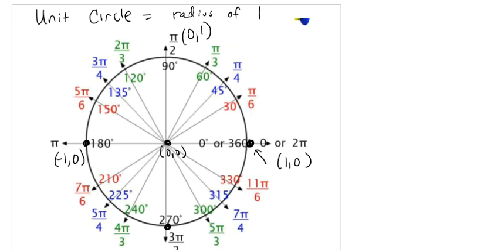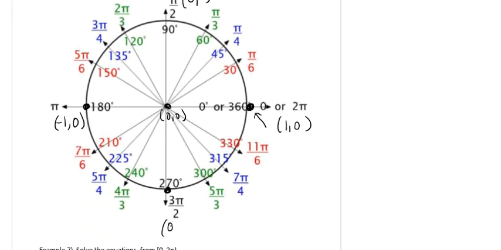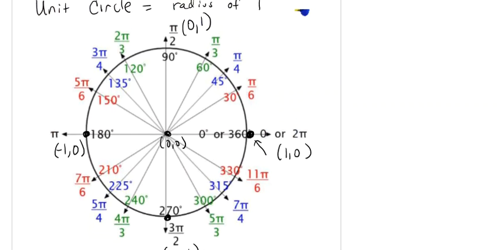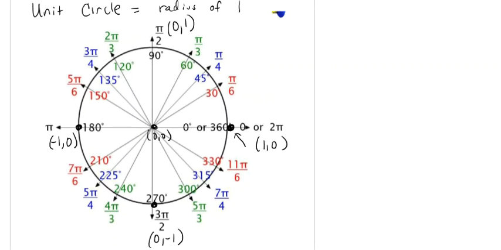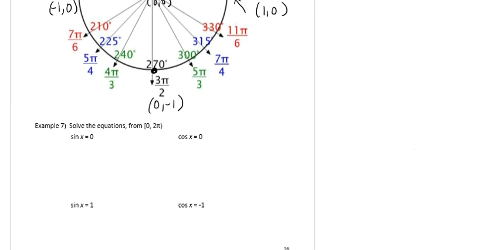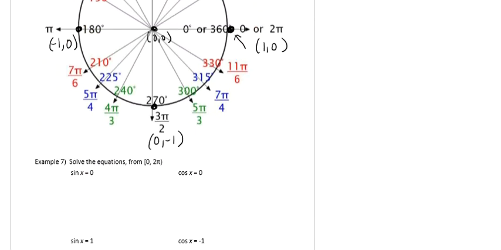And here at 270, or 3 pi over 2, (0, -1). So we've added 4 coordinate points onto our unit circle. There are a bunch of other points on this unit circle, but those are the ones we're going to focus on today. So now we're going to solve these equations.